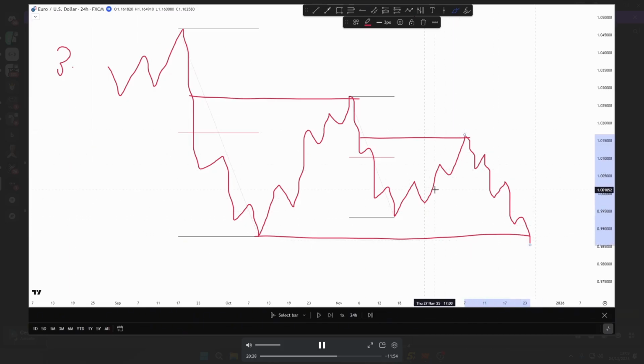In this scenario we'll expect this macro dealing range to be rebalanced, and once it's rebalanced, we'll anticipate price to have a bearish range expansion lower.